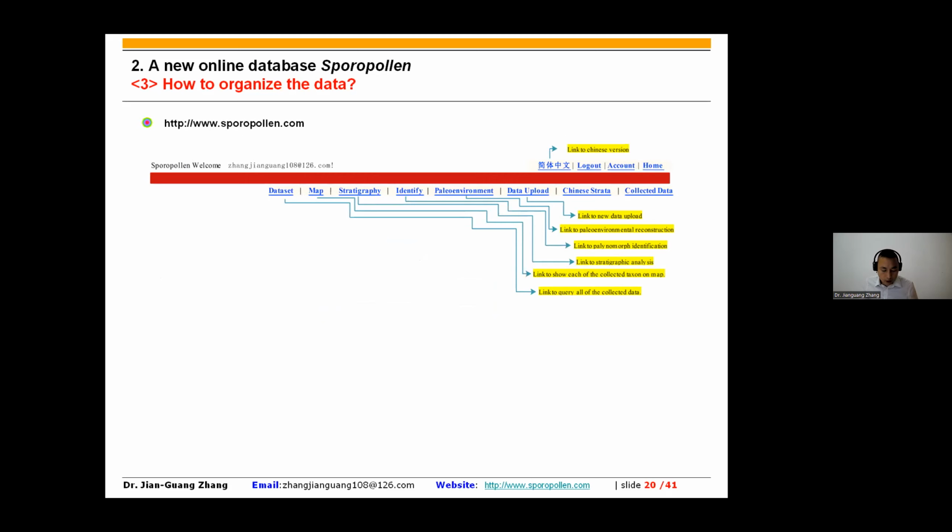It also can help users to identify their pollen samples. Besides, it can also be used for quantitative, stratigraphic, or paleoenvironmental analysis. It provides many open access. For the full use of the database, the users must register an account with my permission.